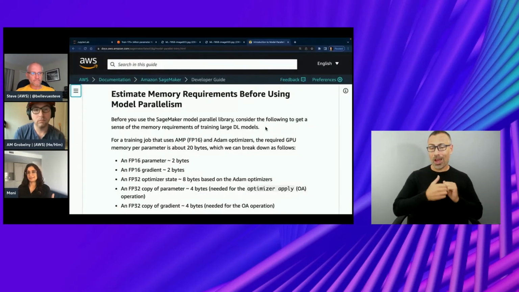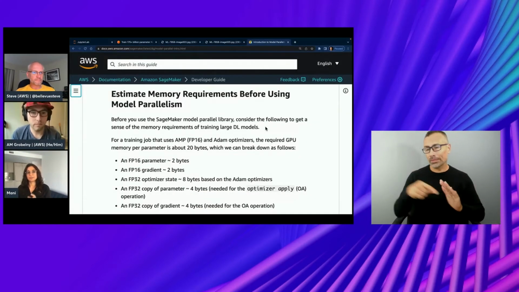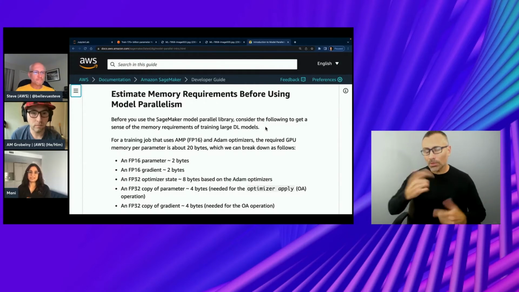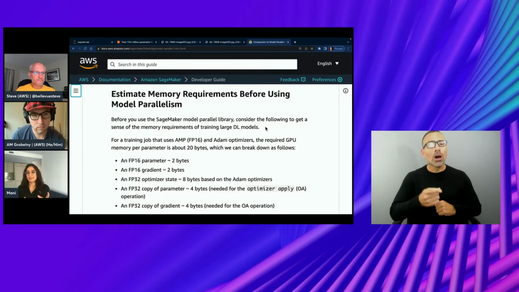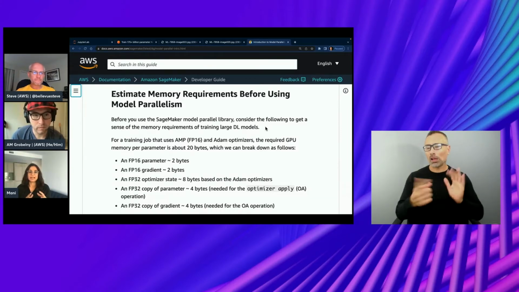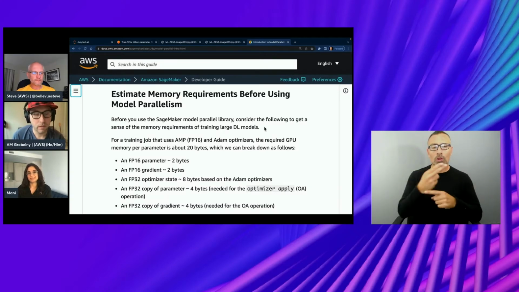Yeah, so in our SageMaker developer guide, we actually have an estimate on how you can calculate the memory requirements. And let me share that with you. Let's take an example. Let's say that we are using mixed precision with floating point 16, right?